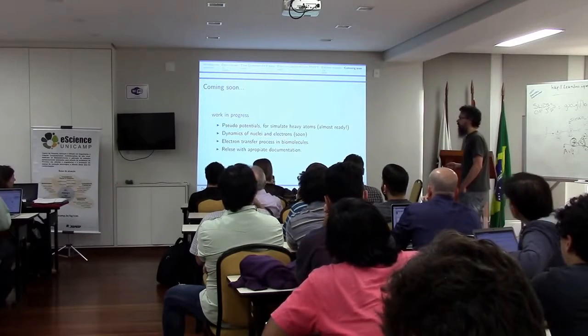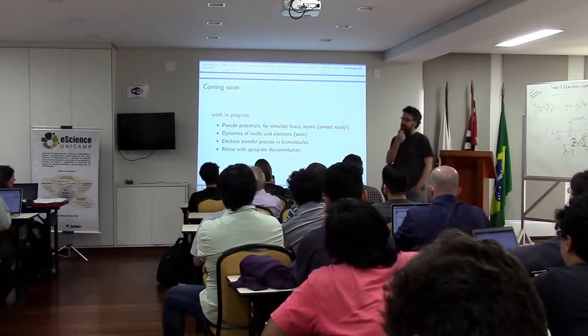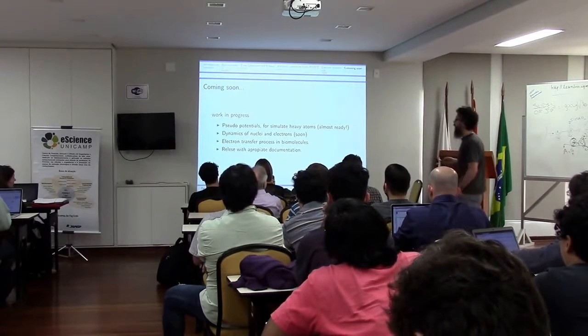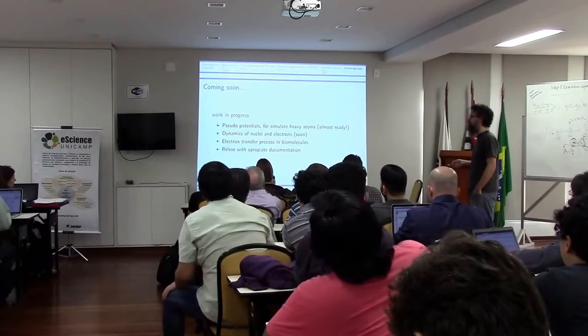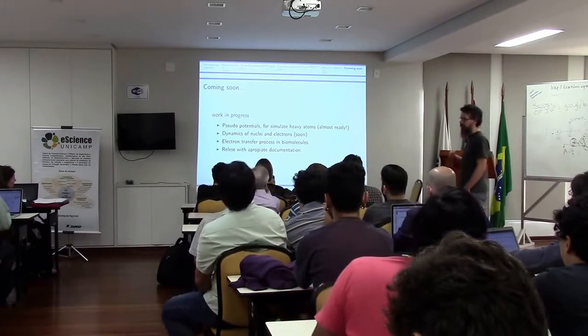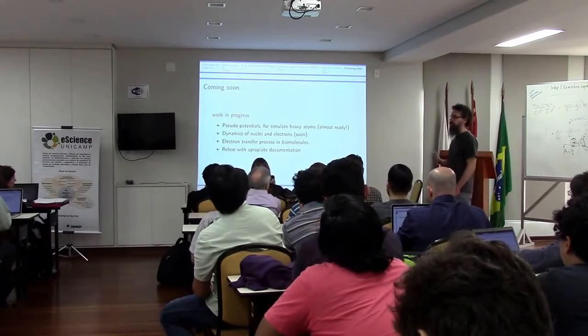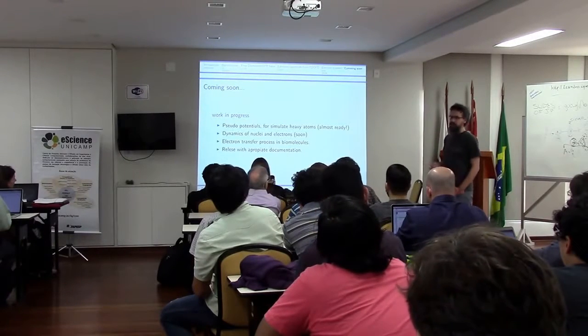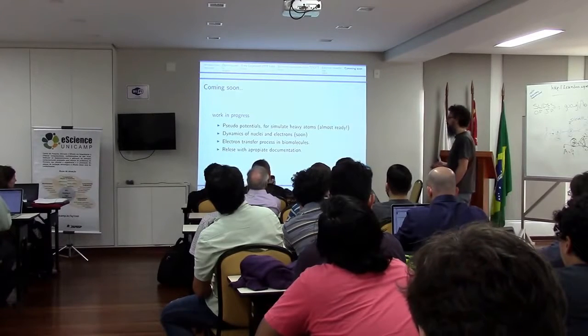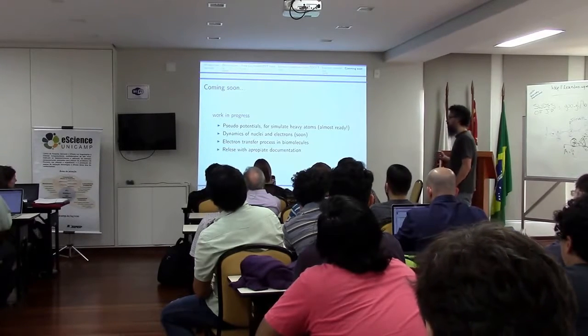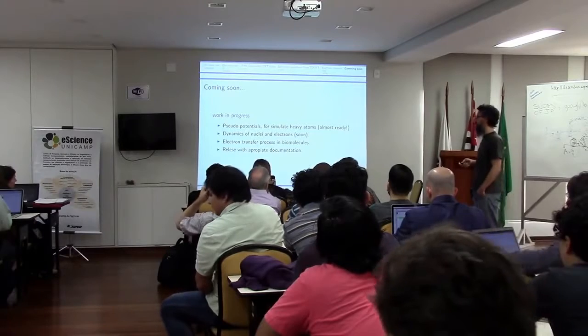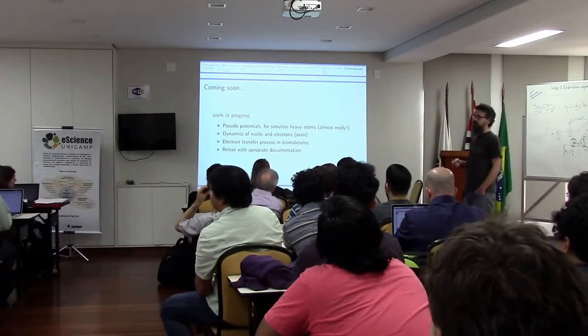We are also working in a different way so that we can do dynamics of nuclei and electrons simultaneously. This is called Ehrenfest dynamics. We can do things like photochemistry, to see how the energy we put in the electrons goes to the nuclei.